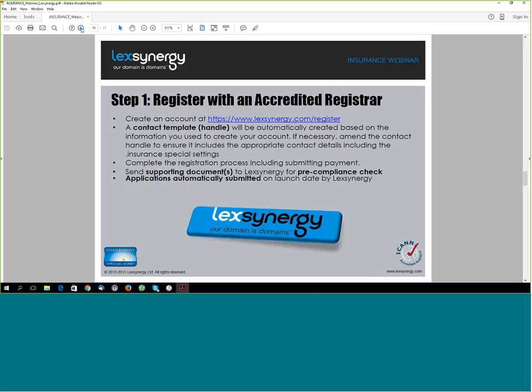So it's very important that information is correct and accurate. You will be asked to validate your information as well as the email address. We would then check that that information is correct. Once it is correct, we'd issue you with an invoice, and then when that's settled, it would be placed in the queue.